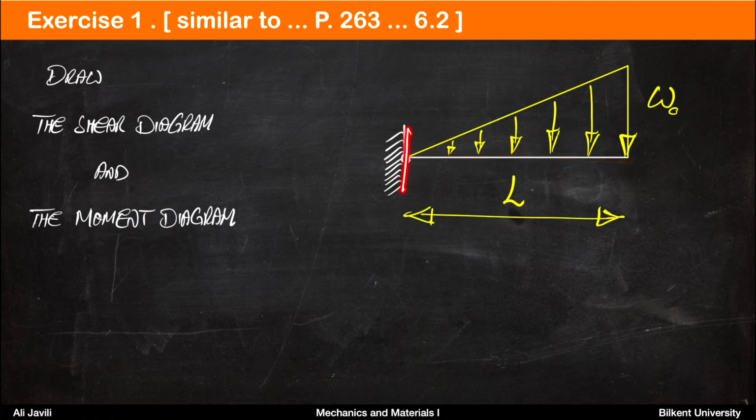It's a clamped beam or a cantilevered beam under a distributed load, a linearly distributed load, with its maximum being at W0, and you are asked to draw the shear diagram and the moment diagram. So basically, we want to find the shear force as a function of x and moment as a function of x, and then draw those diagrams.